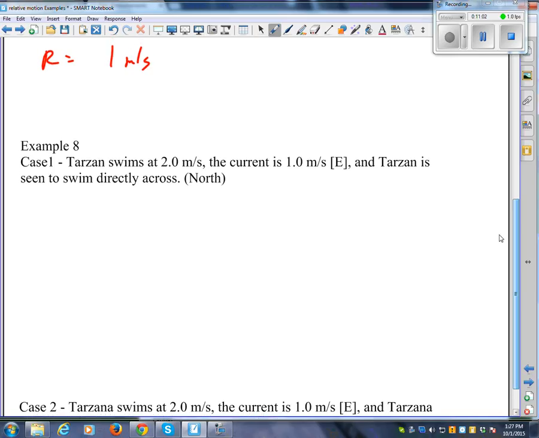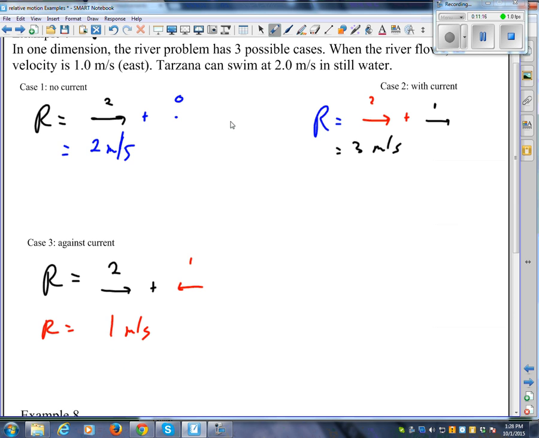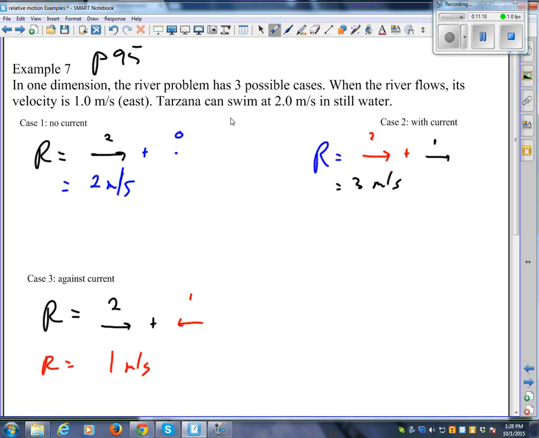So we're going to do example number 8, bottom of page 99. All I did up here was all one-dimensional relative velocity, right? One-dimensional, forward, backward, easy, right? Child's play.